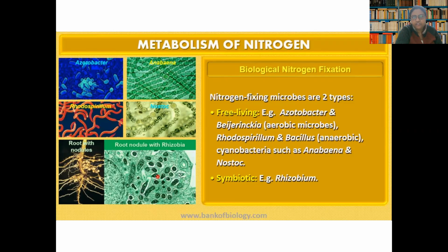In return, it will fix nitrogen for this plant. Why for this plant? As they are localized in the root of this plant, they will fix nitrogen in the vicinity of that plant. In the area around the root of this plant, nitrogen will be fixed, and that is why the plant will be benefited.